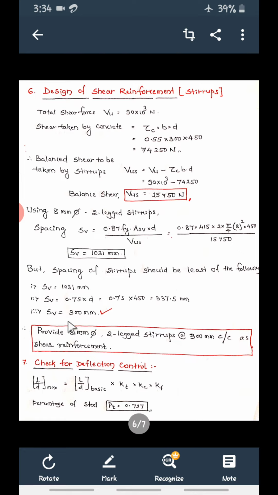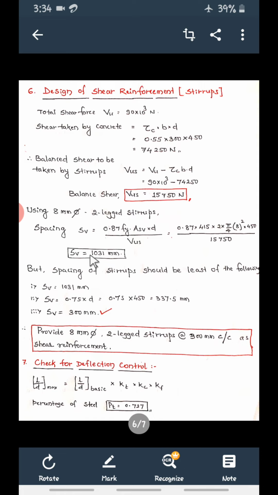Then the third will be 300 mm. So out of these three, whichever is the least value, that will be the final spacing. So which is least now? This 300 mm. So therefore provide 8 mm diameter, as we have assumed, two-legged stirrups at a spacing of 300 mm center to center as shear reinforcement.